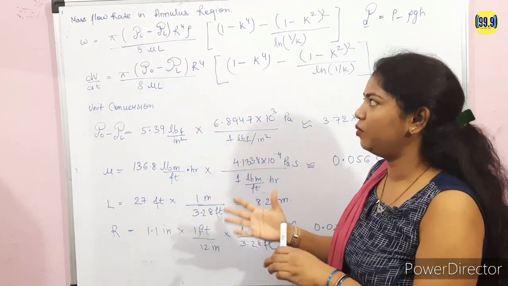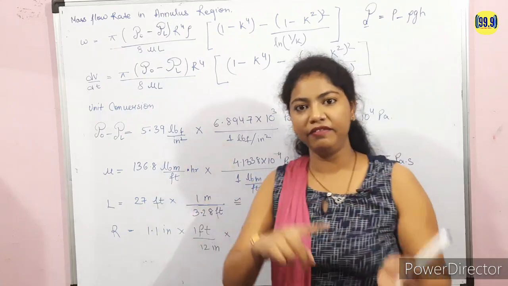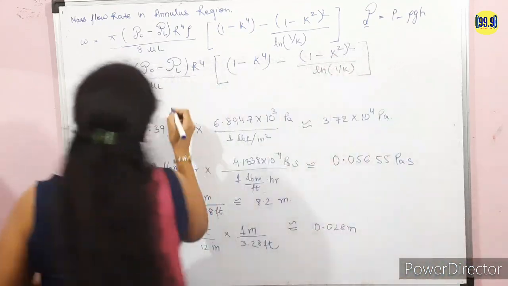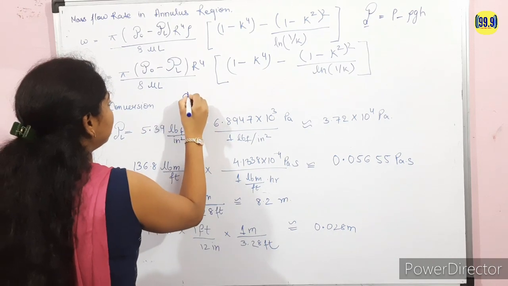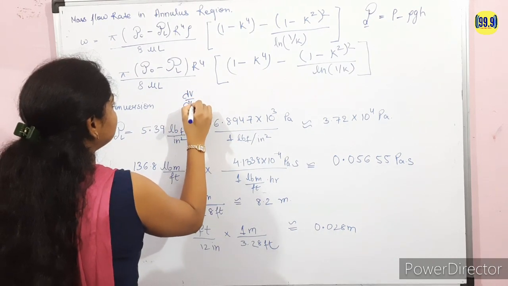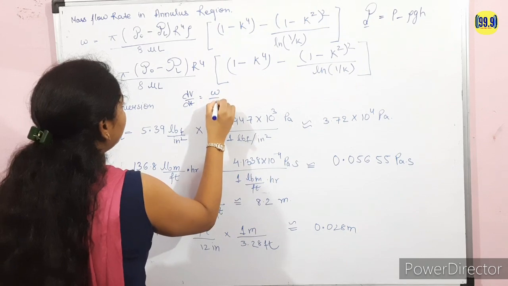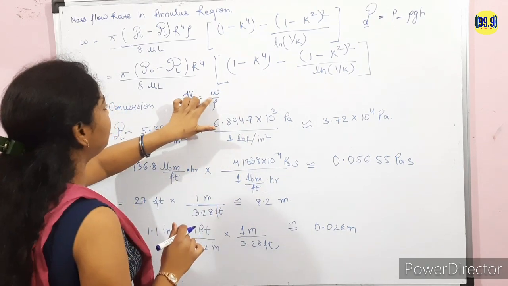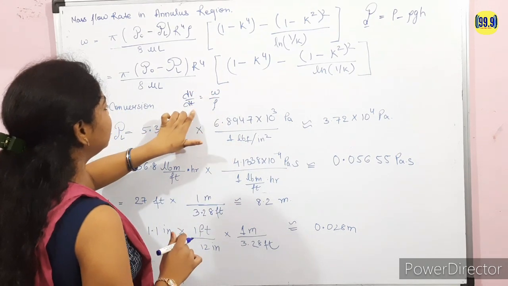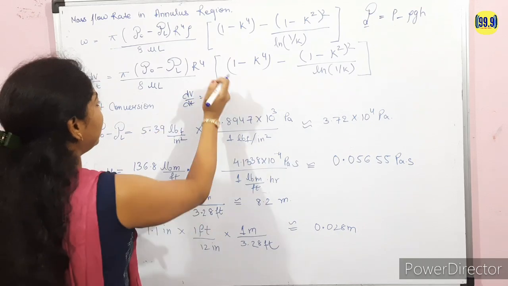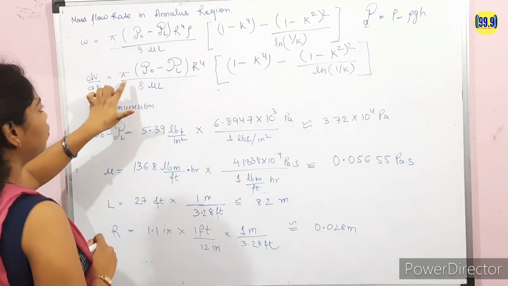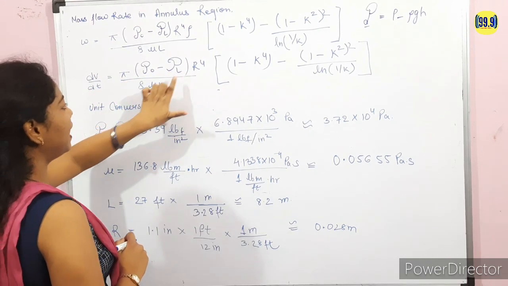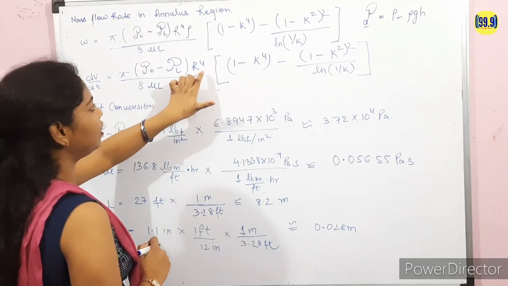Now this formula we put into the previous equation, that is dV by dt is equal to omega upon rho. So we put the value of W in this equation, then we get the final equation, that is dV by dt is equal to pi (P naught minus PL) upon 8 mu L, R to the power 4.